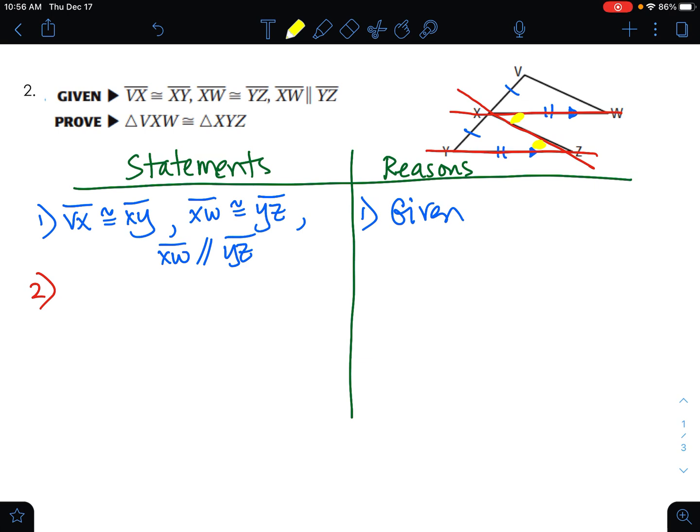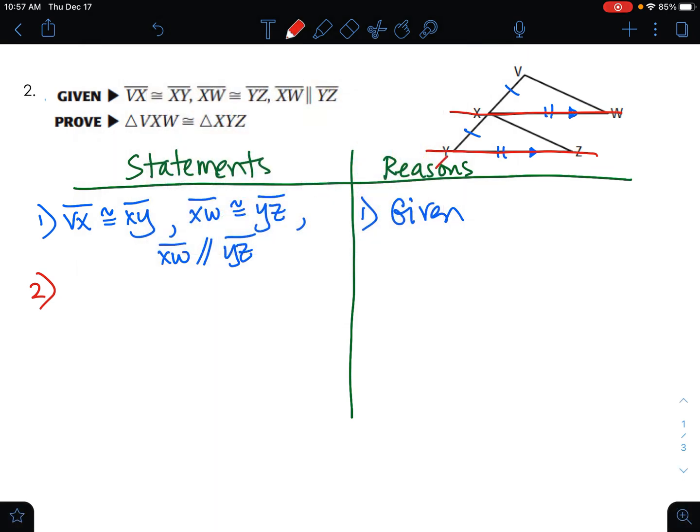Okay, those are definitely alternate interior, but this one right here at the top is not even in the triangle I'm working with. So that may be true, but it doesn't really help me get to, I'm looking for 2 corresponding angles congruent in the different triangles. I think that's really about all I can work with on that. So let's not use that transversal.